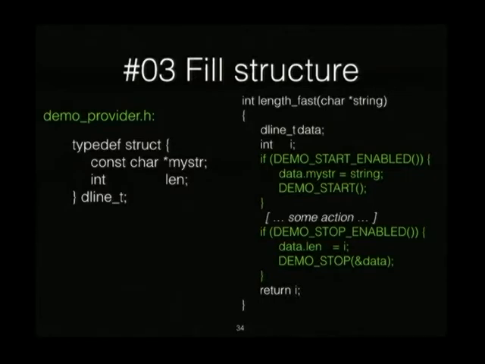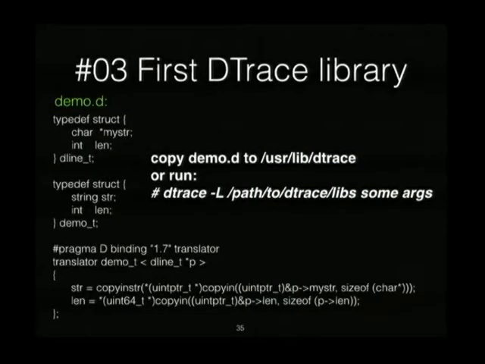This is a structure to see what the code does, and this is the first library in DTrace. You need to move that library into your /usr/lib/dtrace, and in DTrace it will be available for scripting, and this path.